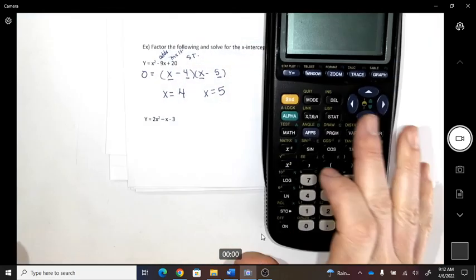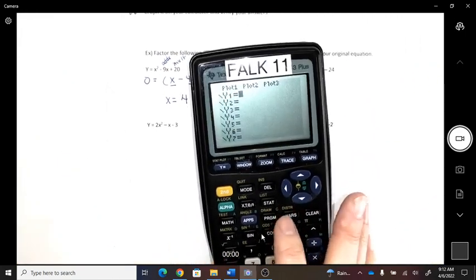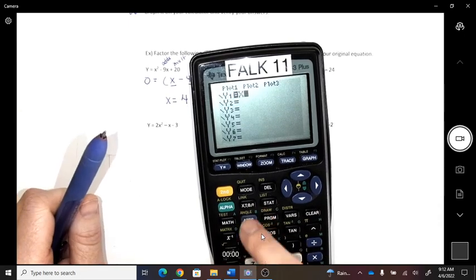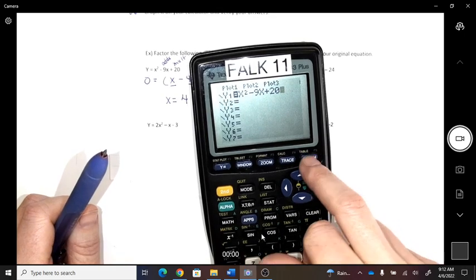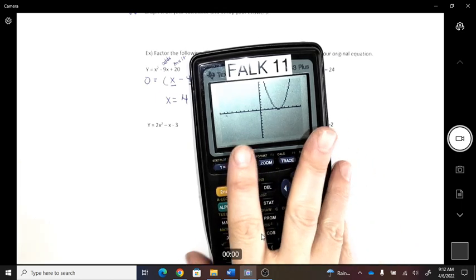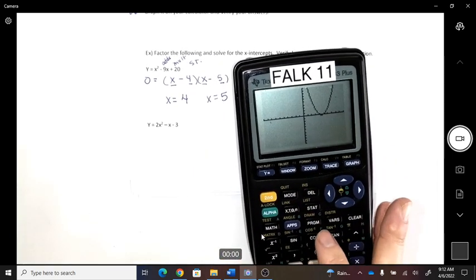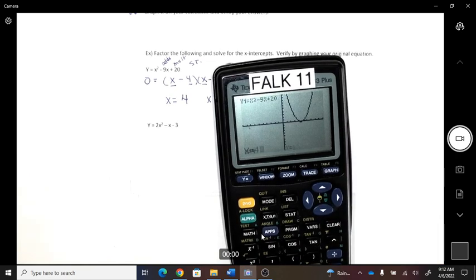Okay, let's check this out. Clear. x squared minus 9x plus 20. Graph. So we had discovered the x-intercepts should be 4 and 5. So I'm going to trace 4. Yep, we did it right.